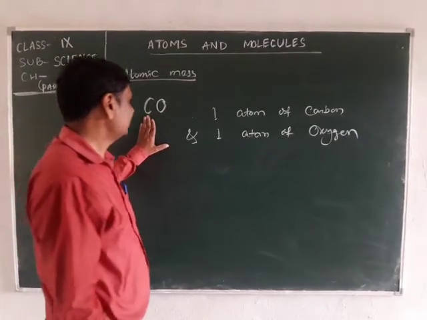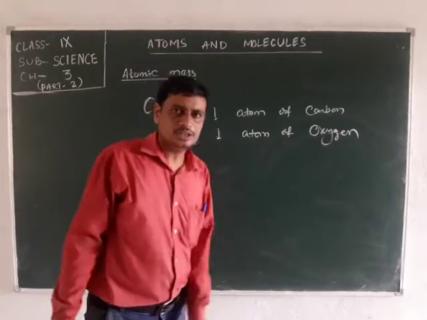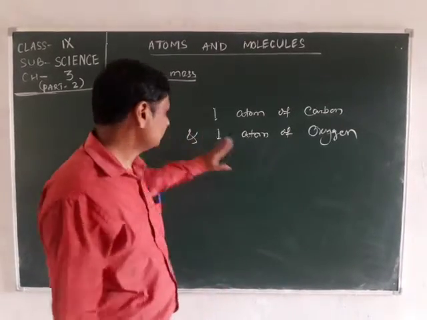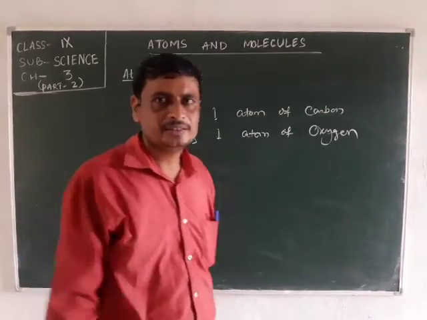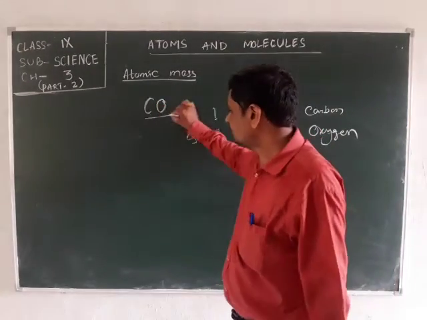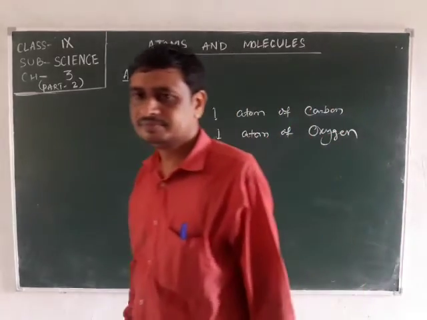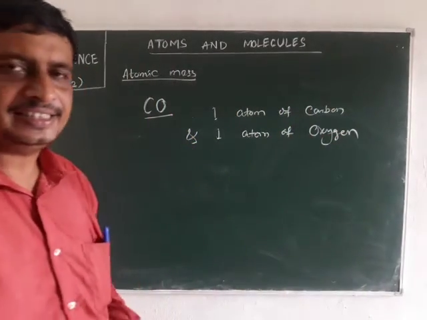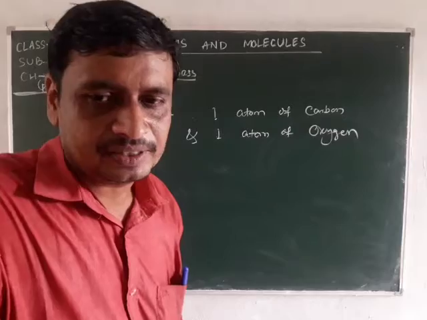The atomic mass of carbon is 12 unit and that of oxygen is 16 unit. So this carbon monoxide is 12 plus 16, that is 28 unit.